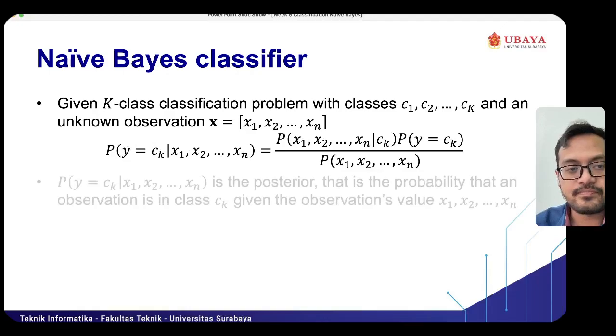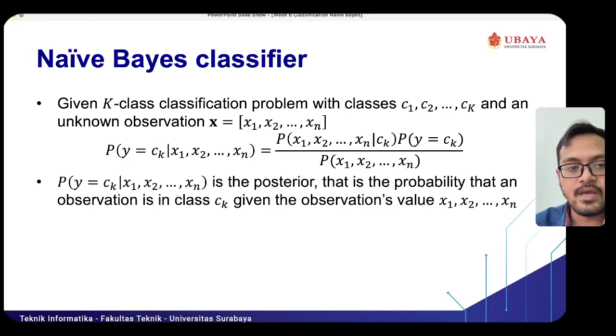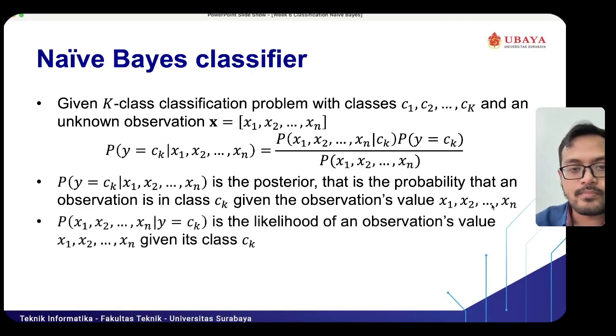I think if we discuss one example, it will be easier to understand how this formula works. P(Y equals Ck given X1, X2, and Xn) is the posterior. It is the output probability value after we calculate the naive Bayes theorem, the probability that an observation is in class Ck given the observation values X1, X2, and Xn.